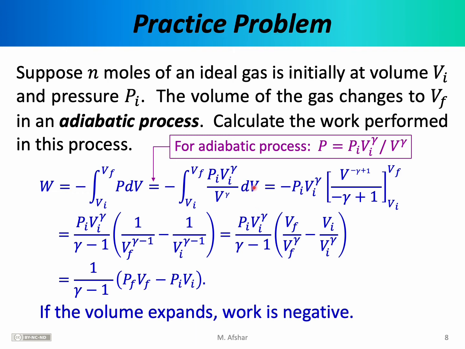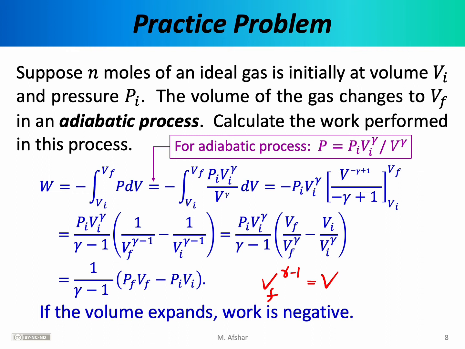And then the integral of dV over V raised to the gamma can be evaluated using the power rule. When we use the power rule, we get this expression here. Don't forget to plug in the limits of integration. When you do that, you get this expression here. Now, this expression can be simplified a little bit. What we have, for example, in the denominator is V final raised to the gamma minus 1.